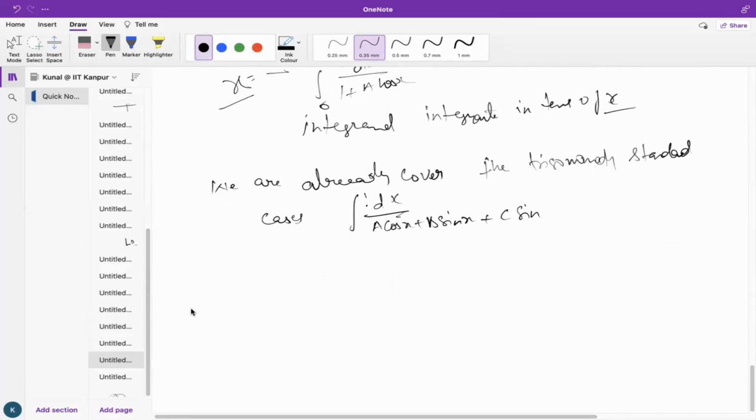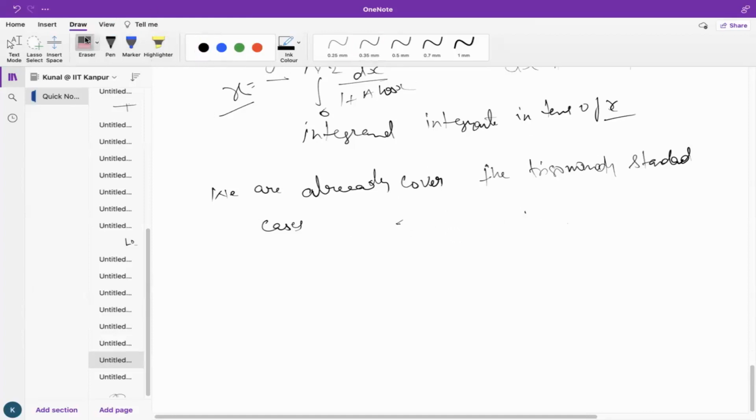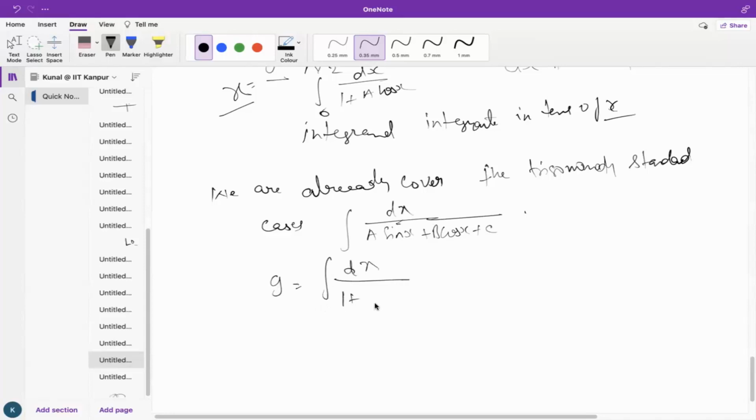Or either you can do one thing more, like this is for noted. Let me write here clearly. This is of the type like dx by a sin x plus b cos x plus c. But here in our given integrand, dx by 1 plus cos theta cos x.